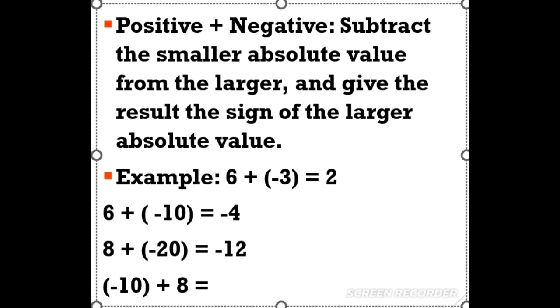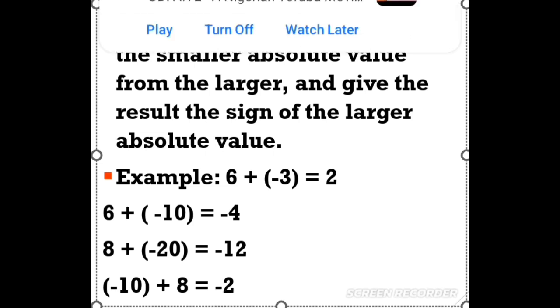All you just do is subtract the smaller absolute value from the larger absolute value, and give the result the sign of the larger absolute value. 10 minus 8 will give me 2. And which number is the biggest out of 10 and 8? It is 10, and 10 is also carrying a sign which is minus. So my final answer here is minus 2.